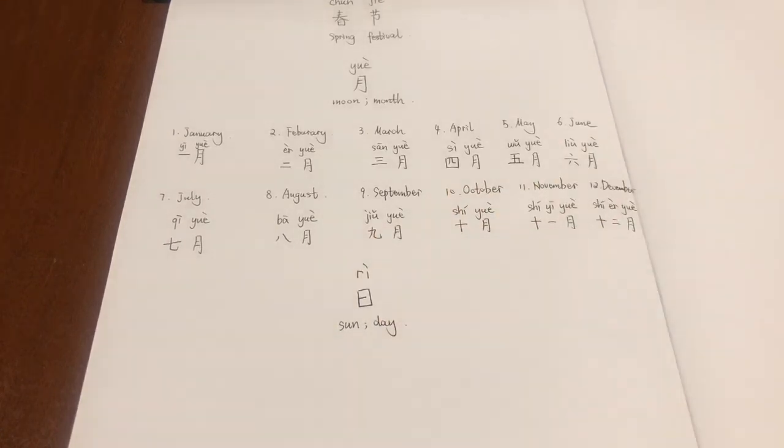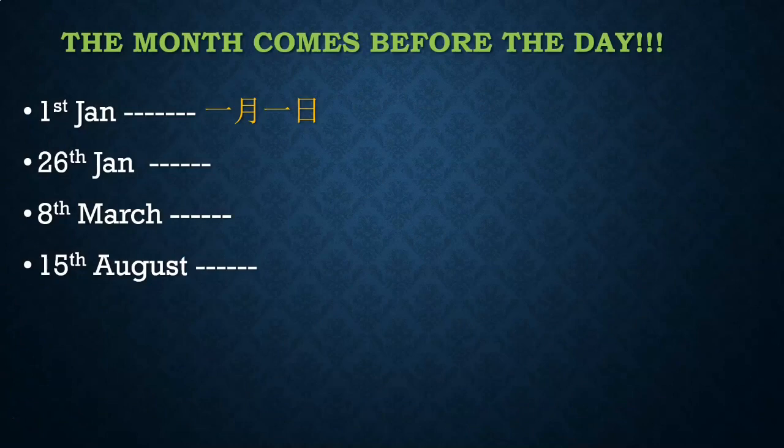day. Okay? So now we are going to do a little writing exercise here and see if we can combine the two concepts, okay, of the month and then the day of the month, okay?